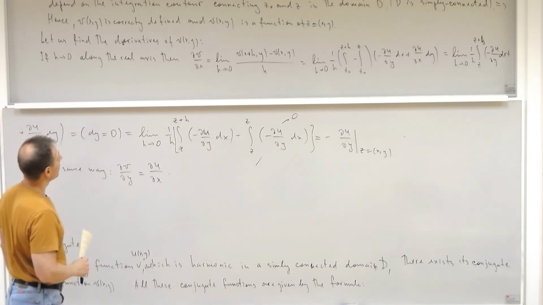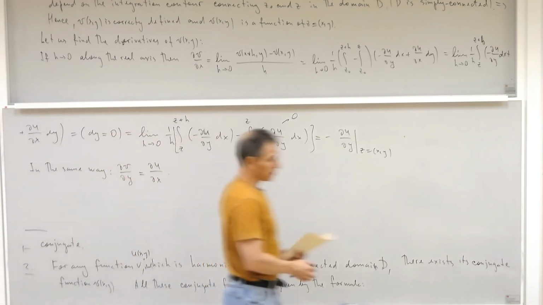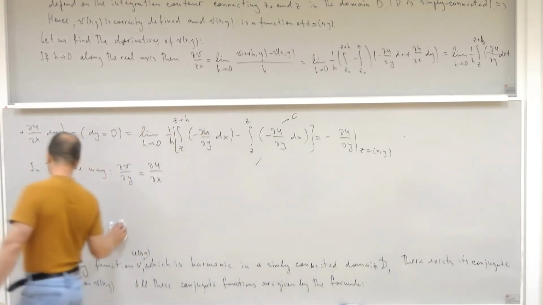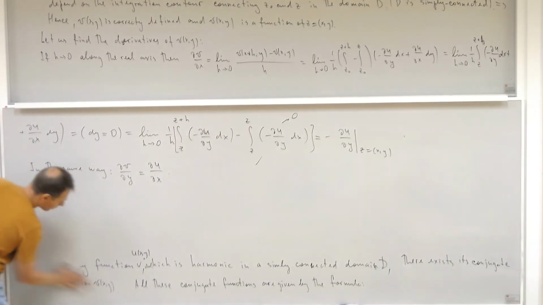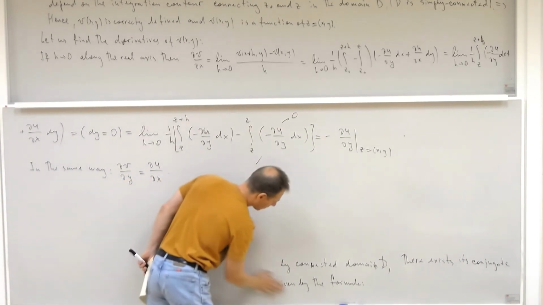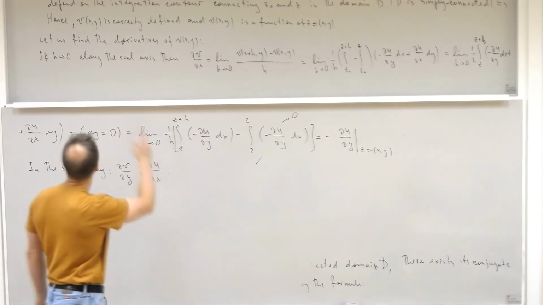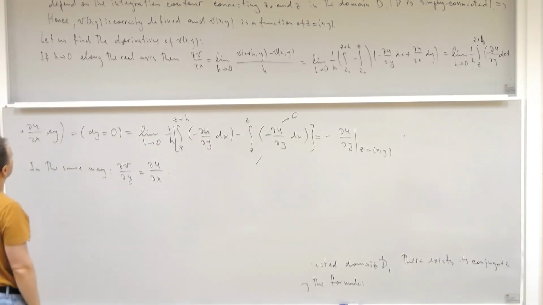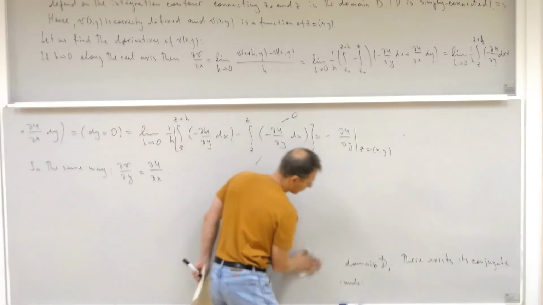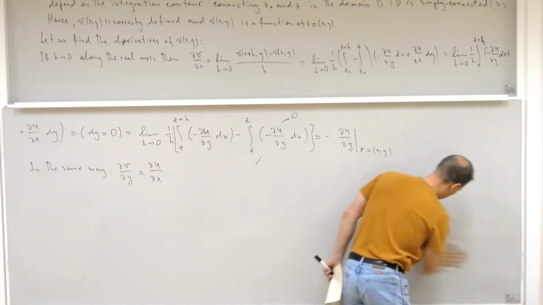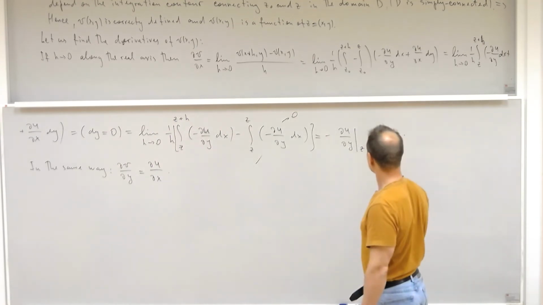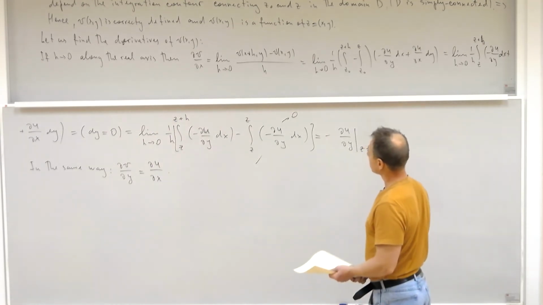And analogously, in the same way, we can prove that the other partial derivative, with respect to y, is equal to the partial derivative of u with respect to x. And thus we have shown that the functions u and v are related by the Cauchy-Riemann conditions, so these functions are conjugate to each other.